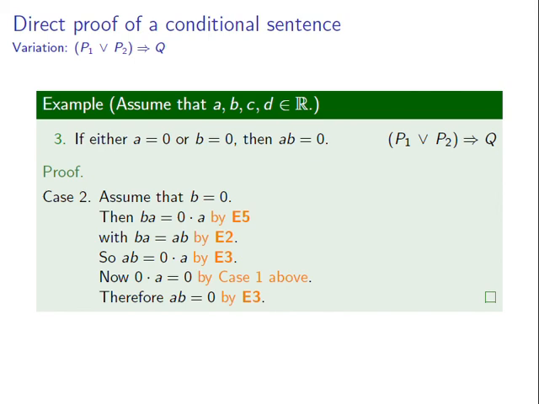Therefore, by the transitive property of equality, A times B equals 0. This completes the proof for case 2 and also completes the proof of the theorem.